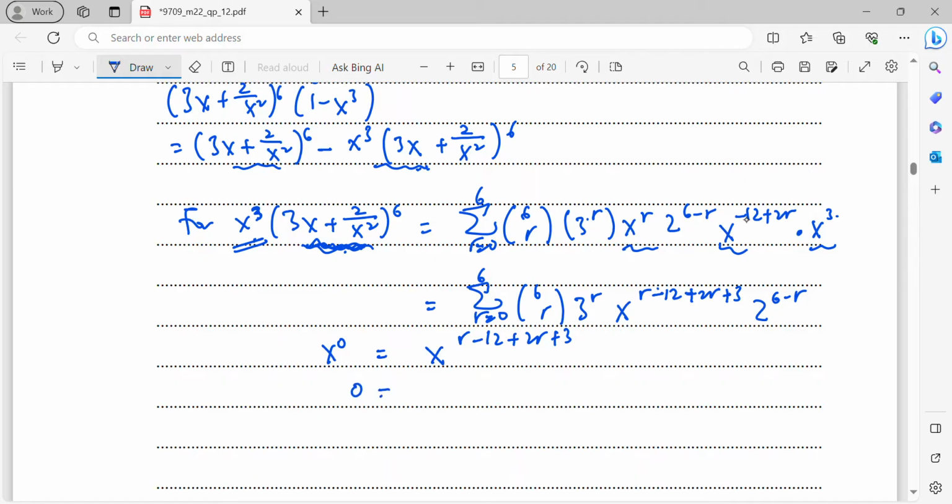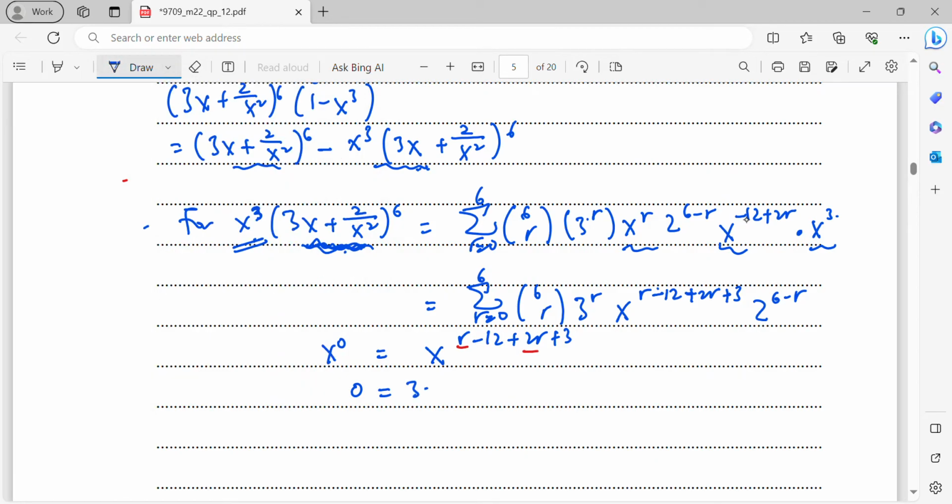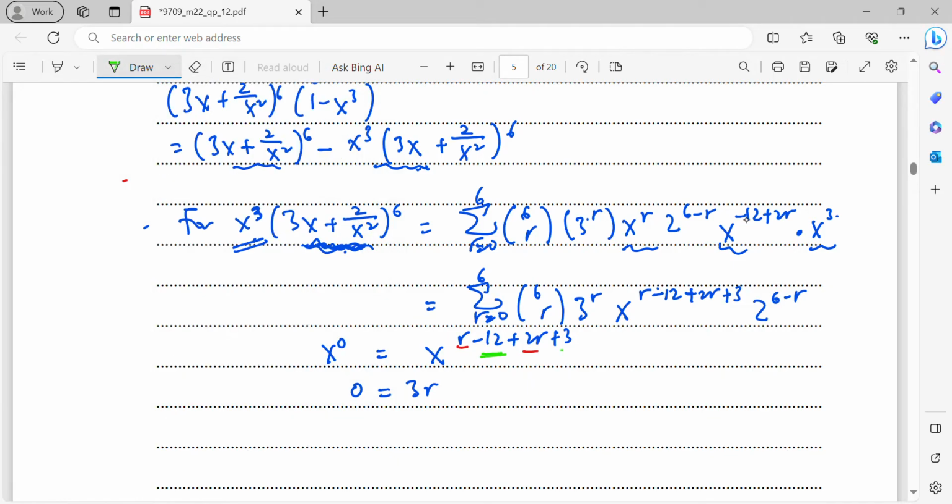So here 0 equals to, now when you compare, this r and plus 2r becomes 3r. So I will get 3r. Then now, minus 12 plus 3 is going to be minus 9. So I will write minus 9. So from here, your r is going to be 3.